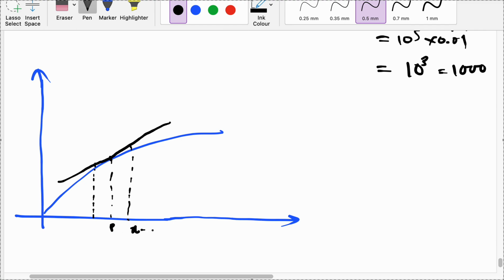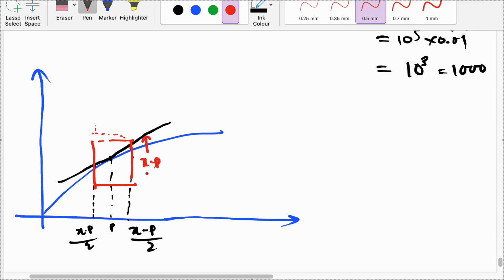Now suppose this is x minus p by 2 at some point here, and here x minus p by 2, then the box drawn by these, you see this is also x minus p, this is also x minus p.